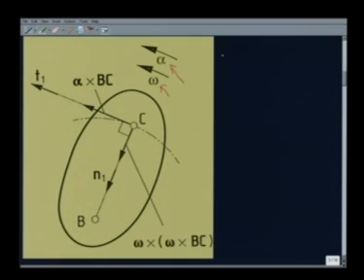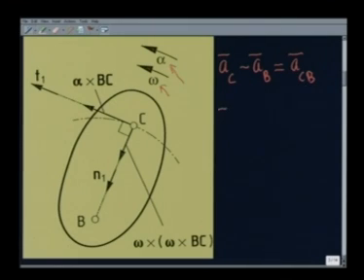So now we can write the difference of acceleration between these 2 points, namely AC minus AB, as usual using the symbol ACB. This is the difference between the accelerations of the 2 points, C and B, on the same rigid body.